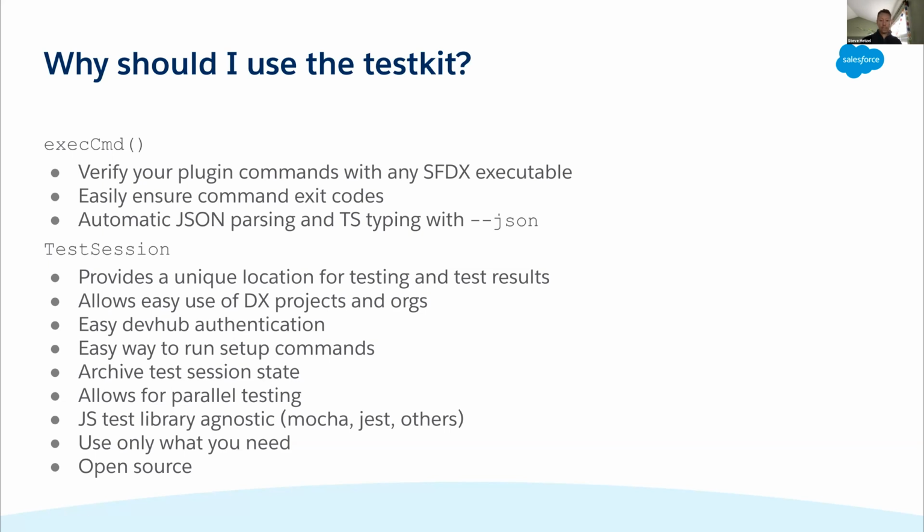Easy DevHub authentication. This is pretty cool. Based on some environment variables, you can tell the test kit, this is my DevHub, this is my DevHub username. The test kit will use your CLI environment to grab that auth file, copy it into a location within the test session directory, and automatically auth to that DevHub.